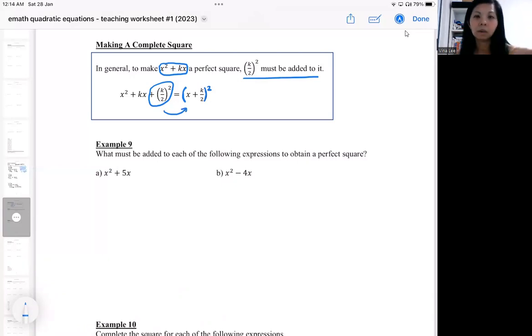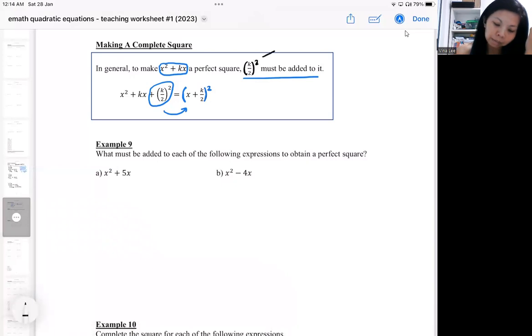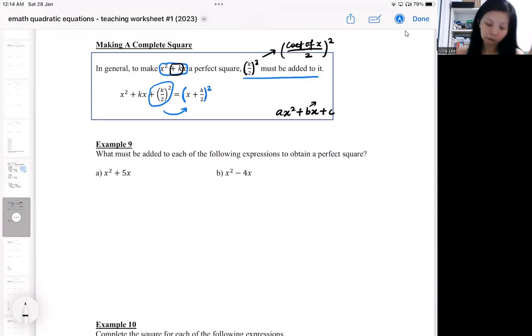Okay, so this is like a formula. Let's observe what you are adding. Do you realize what you are adding here? You are adding the coefficient of x over 2, squared. Some people will call it b, because in this format it is actually b. It doesn't matter whatever it is.